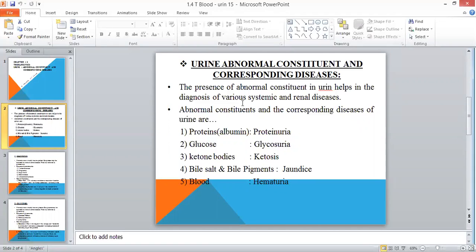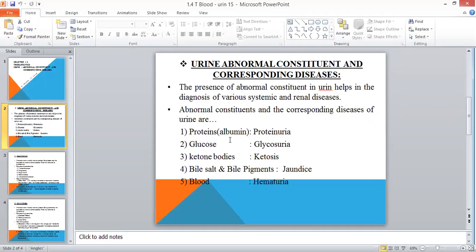The abnormal constituents and the corresponding diseases of urine are: when protein is excreted with urine, it is called proteinuria. When glucose is excreted with urine, it is called glycosuria. In the case of ketone bodies, it is called ketosis.